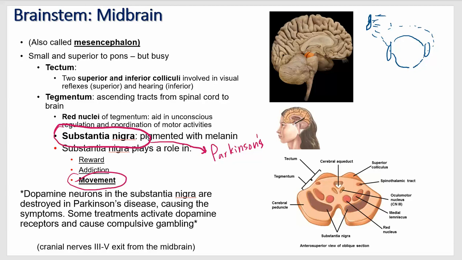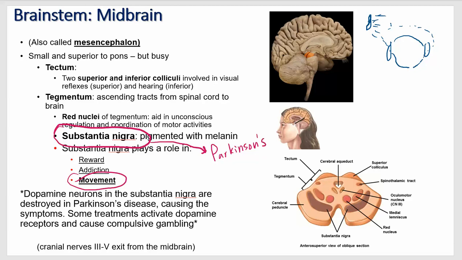You can be frozen a little bit and have a hard time taking those first steps, and that's because the substantia nigra, this brain region, goes away over time. There are dopaminergic cells in there, and they die over time in everybody, but when you lose, I think it's like 80% of them, then you start to have these motor symptoms of Parkinson's disease.